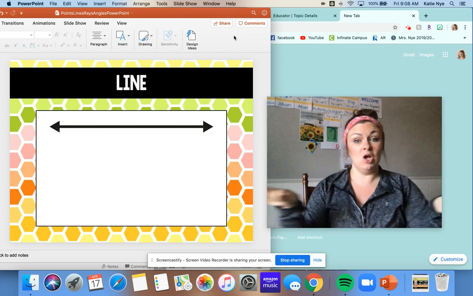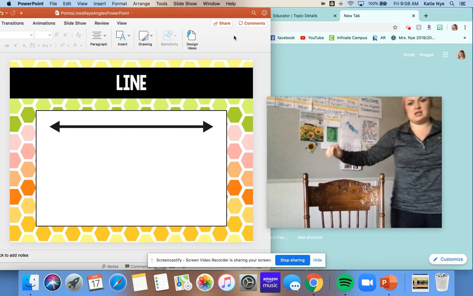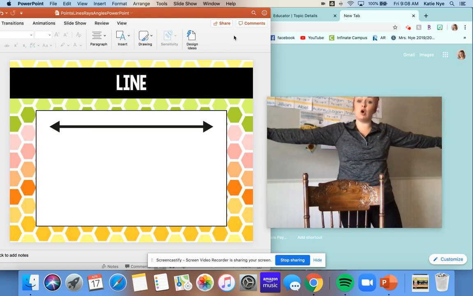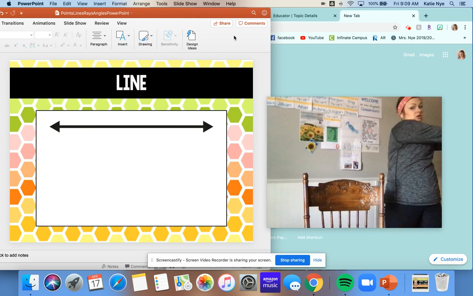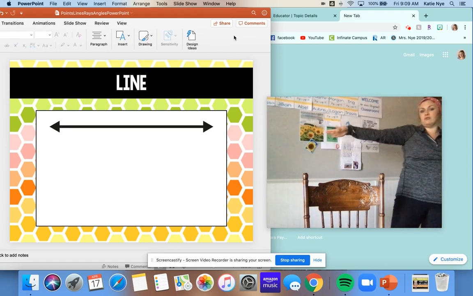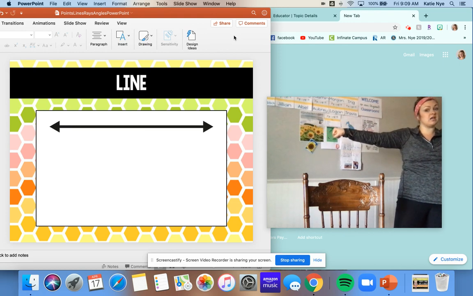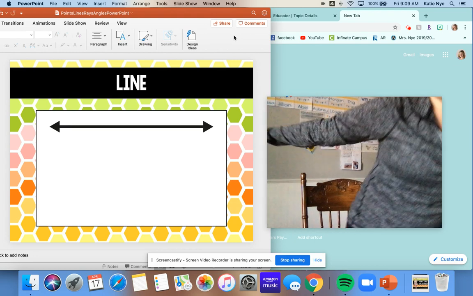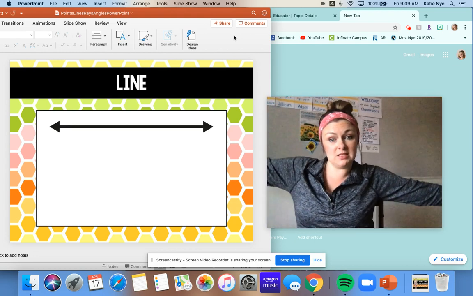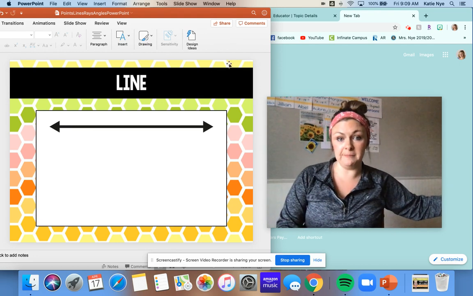I'm going to keep my hands open. It shows that I have a line that goes all the way from over here to over here, and it goes on and on in both directions because I do not have points at the ends of my hands. So show me your line with your hands open on either end, straight arms, straight line.